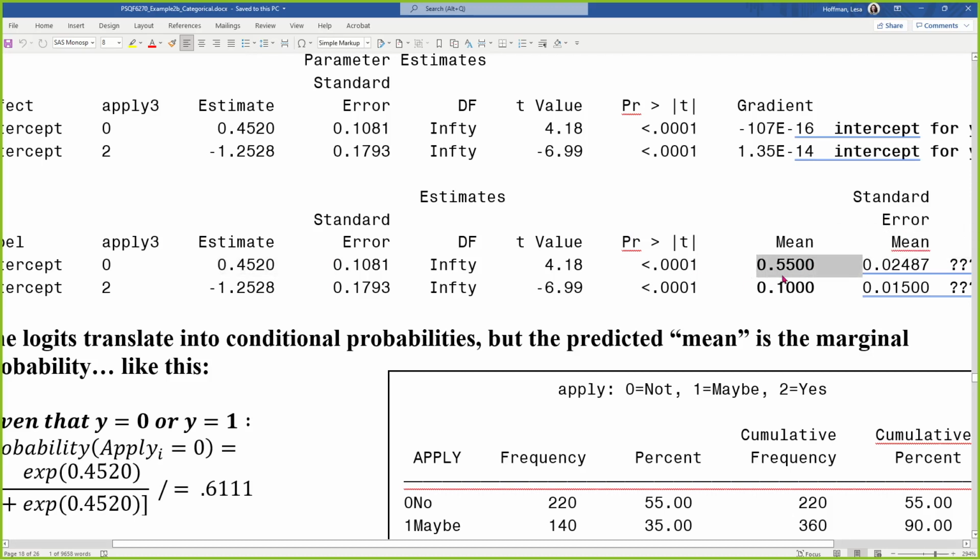Whereas this probability is acknowledging that a 2 is also possible. And so out of probabilities that sum to 1, what is the probability of answering 0, including the 2's? And because this is an empty means model, that mean is going to line up with the percentage distribution. Like frequency stuff, okay.